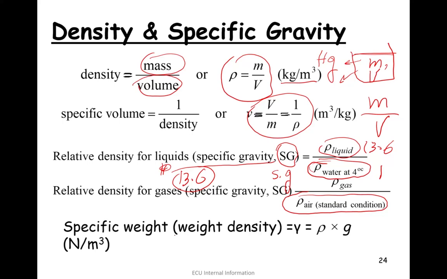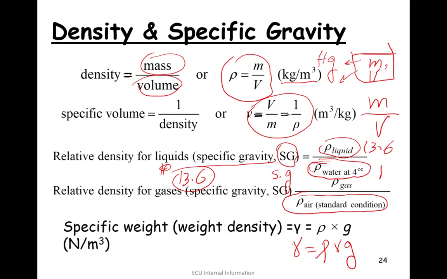We also have a specific weight, which is weight density, called gamma, which is rho times g. This is another thing that is considered.